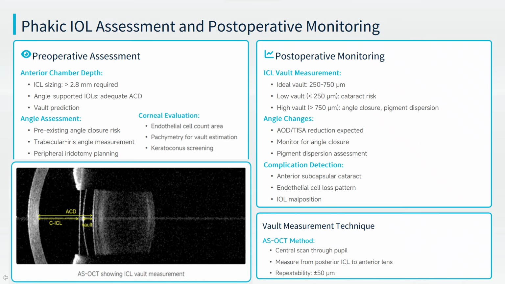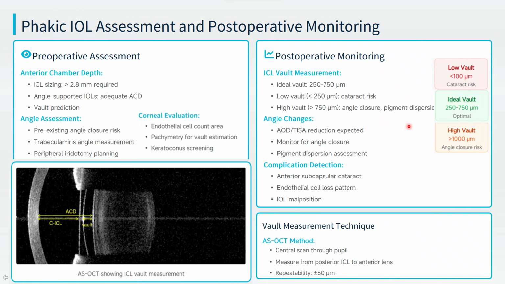Another important application, as I said, is its role in determining the vault of the lens in phakic lens implantation. Now, the vault here is very important either in phakic anterior lens implantation or in ICL implantations. I will explain later how we measure the vault. That's the distance between the lens and the cornea. This is the crystalline lens, and also we measure from the ICL to the lens.